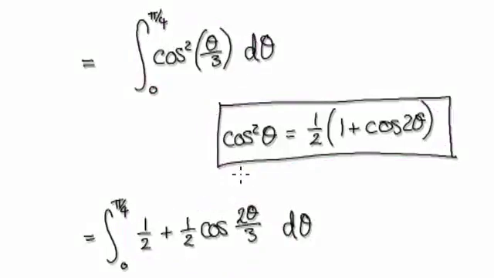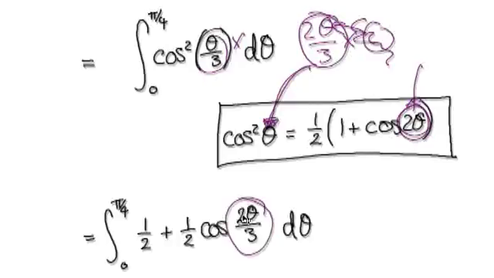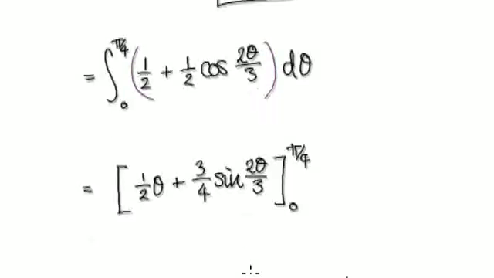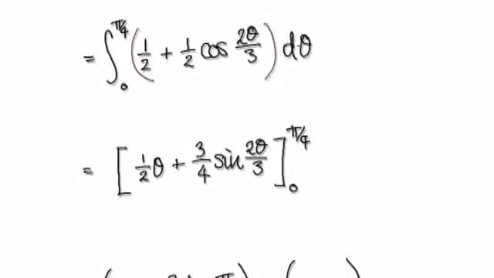Just notice that this angle here is twice as big as this angle here. If you want it twice as big, then multiply to the top, so that will become this. Now it's easy to integrate. So now it's just a matter of integrating this.